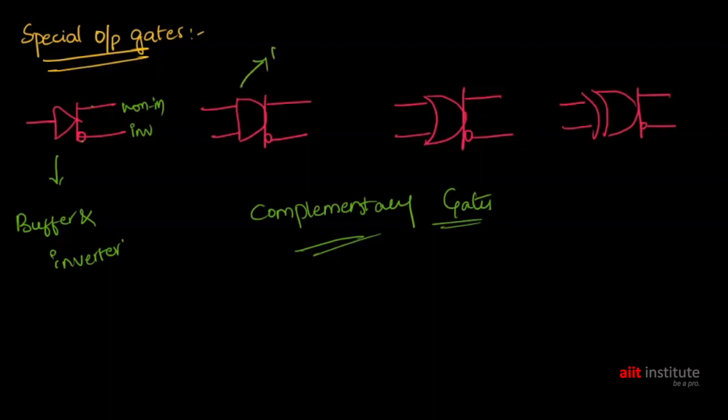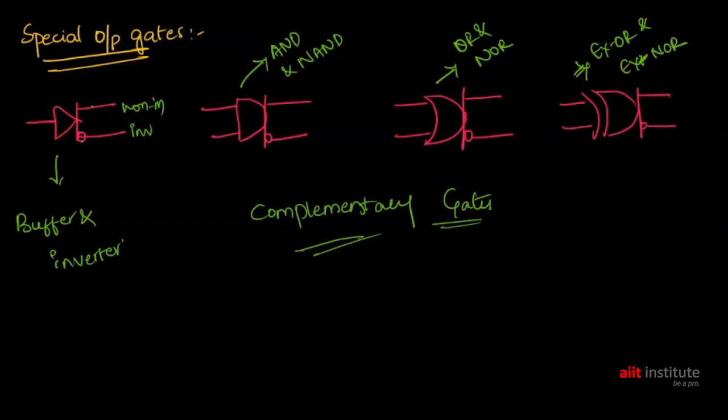This particular one can be used as AND and NAND. This can be used as OR and NOR. This can be considered as XOR as well as XNOR.